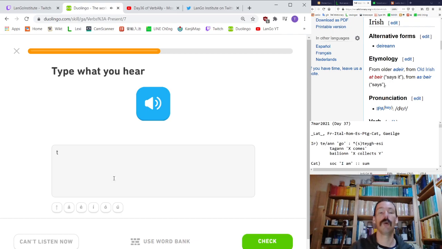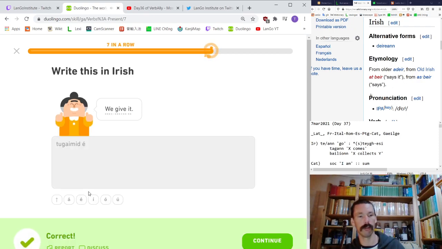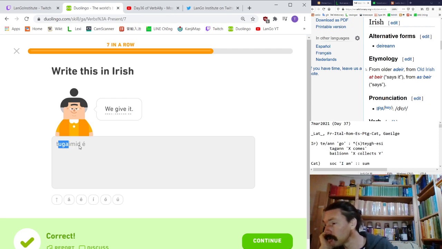Tógann an bia. Oh, Togen she and bia. He takes the food. We give it. So tugamid. Right? A. We give it, long A there. So the U and A together shows a broad G. Oh, slender DH doesn't really. That's what you said. I'm sorry, I misread you there. Doesn't really sound like a voiced palatal fricative.